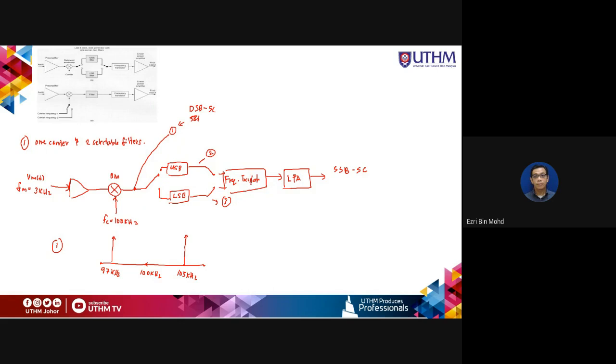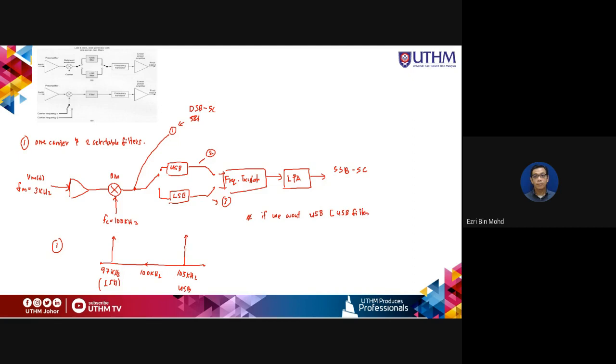Okay, and then we want to select either to transmit the upper sideband or the lower sideband. Right. Let's say, for example, we want to use the upper sideband. So if we want the upper sideband, we use an upper sideband filter.